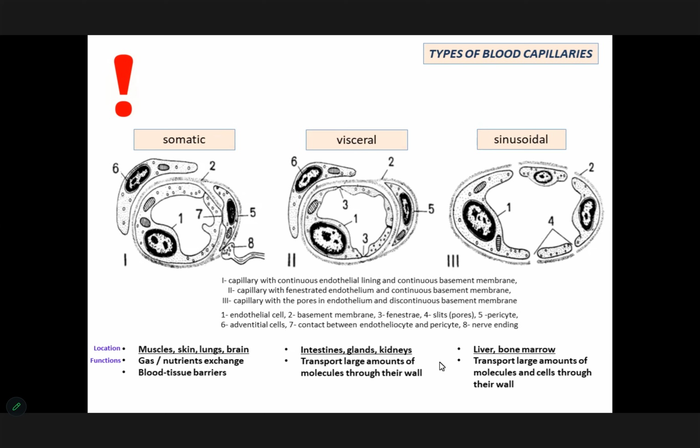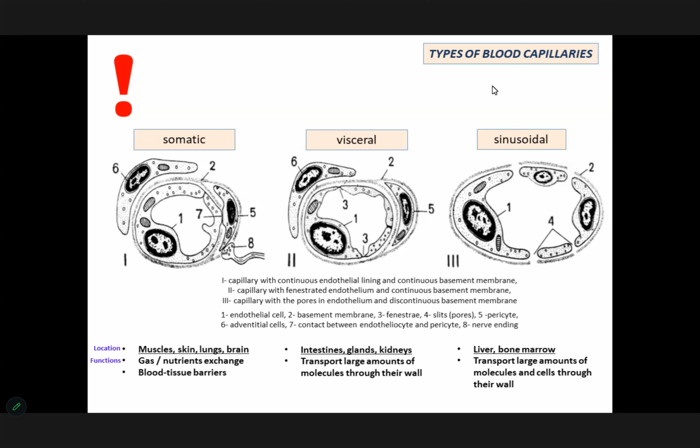So this is why such capillaries are located in places like intestines, where a large amount of ingested food should enter the blood. Also in endocrine glands, where gland cells produce hormones that should enter the blood vessels, and in kidneys and in some other places to transport large amounts of large molecules through the wall.